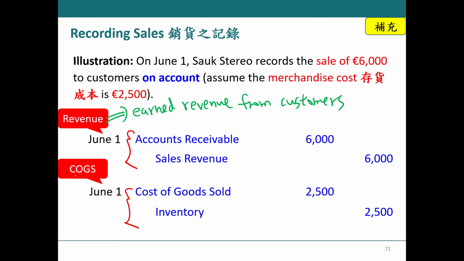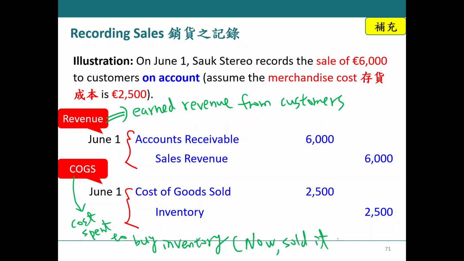Second journal entry expenses, we talk about what? The cost you spent to buy inventory before, right? And now you sold it to customers.